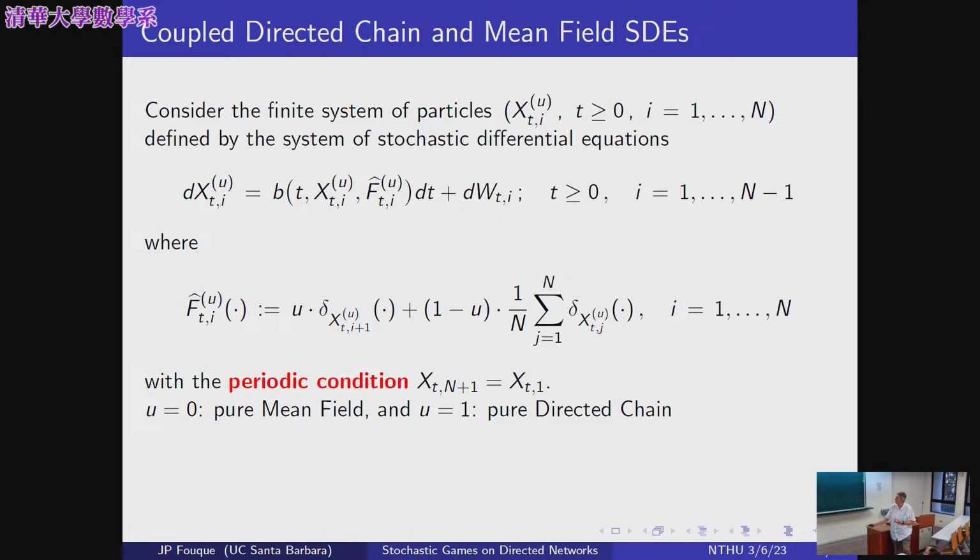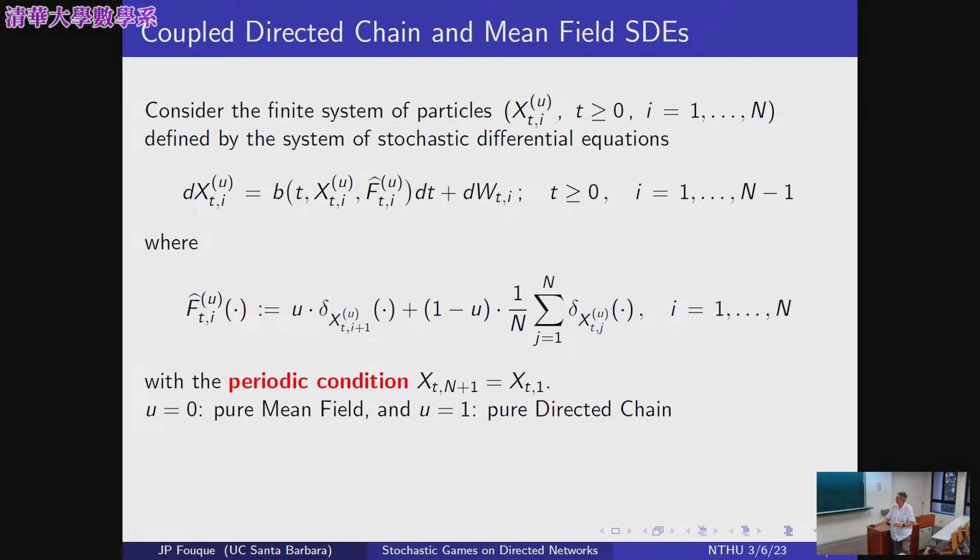So let's look at this term. There is a parameter u, which is between 0 and 1, and which tells you if you are more in the fully connected case or the directed chain. So if u equals 1, these completely disappear, and this is what you have, and now you see this is a distribution of the next one. So this is a directed chain. Right?